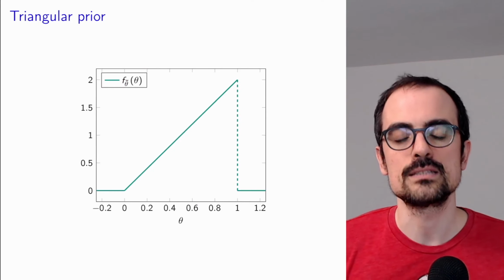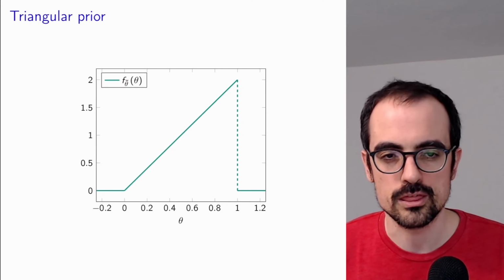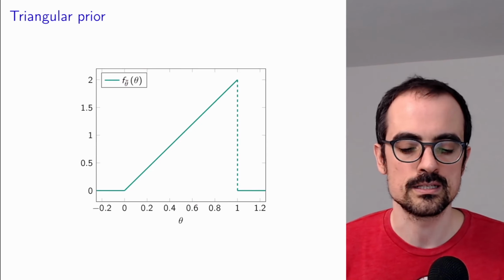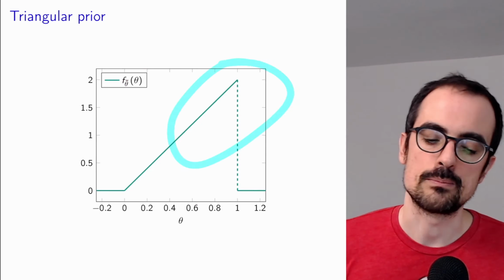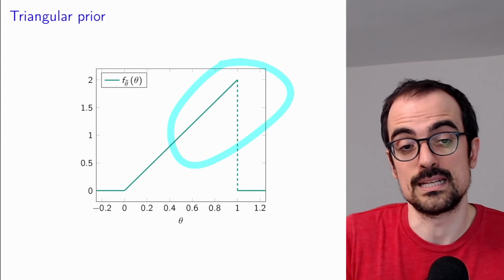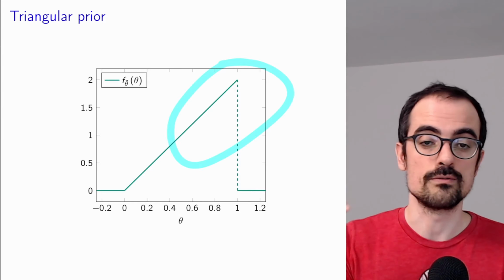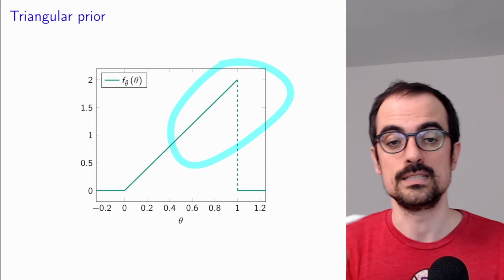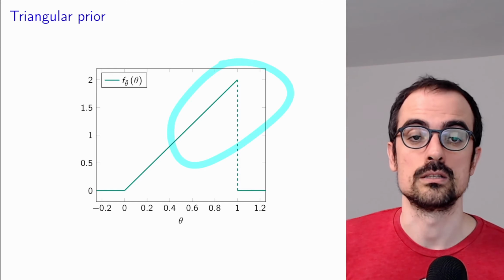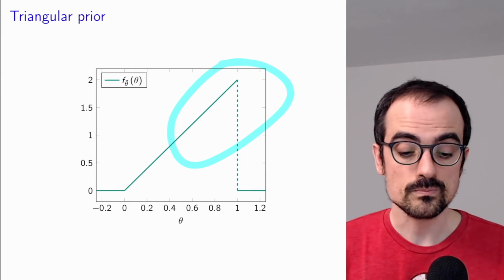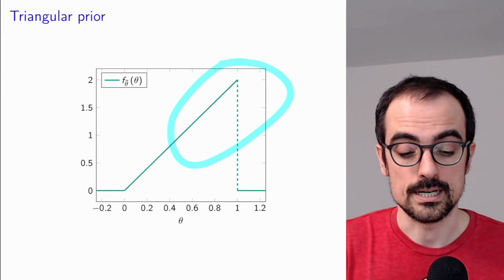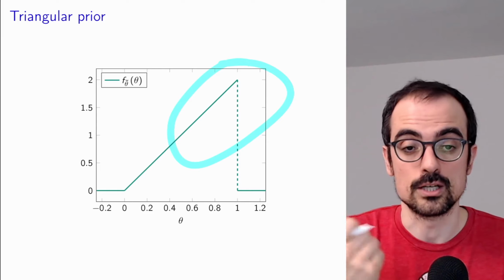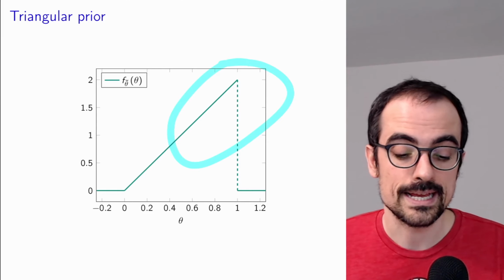Now imagine that originally we actually thought that someone was trying to trick us, was trying to make the probability of heads more likely. So this is a different prior. Instead of having a uniform prior now, we have this triangular prior that is tilted towards 1 because we think, again, that the coin is more likely to be heads.